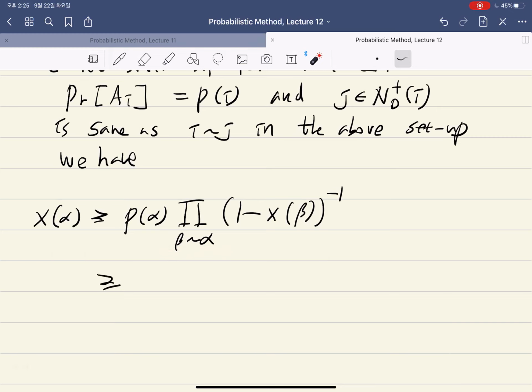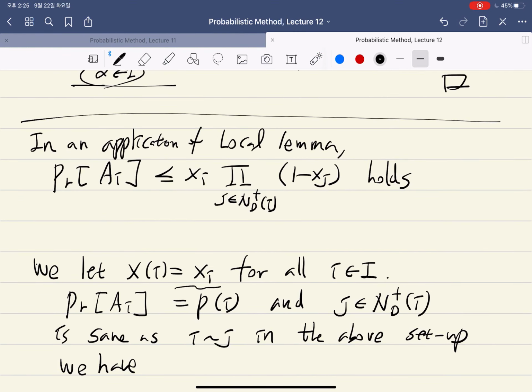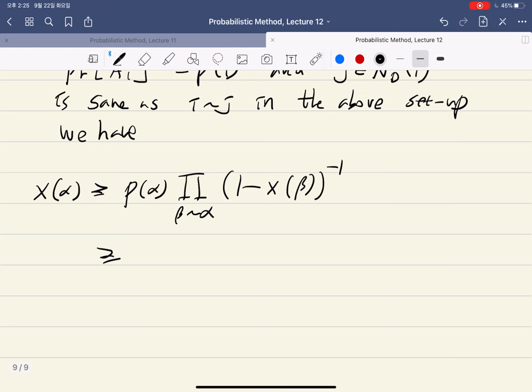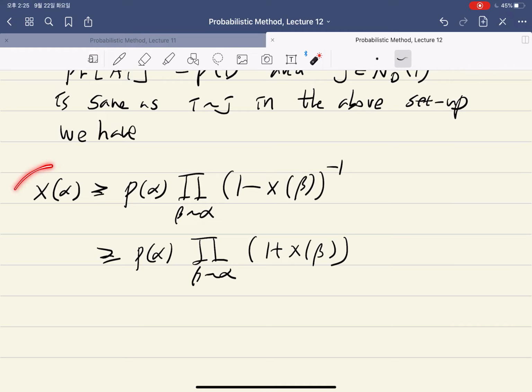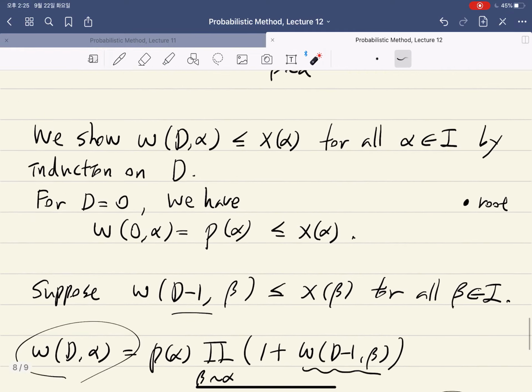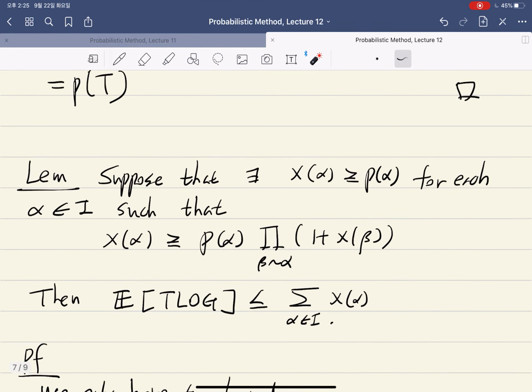And because this x of beta that we take, which is xi, is at most 1, this is actually lower bounded by this, which satisfies the condition here.